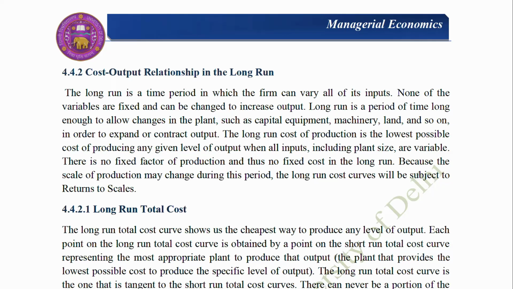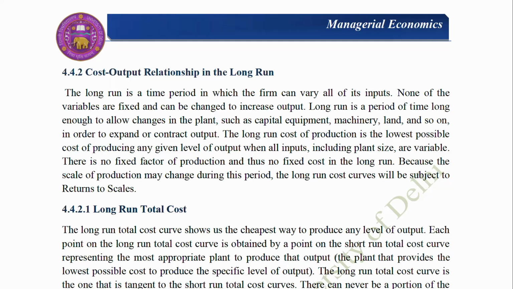4.4.2 Cost output relationship in the long run. The long run is a time period in which the firm can vary all of its inputs. None of the variables are fixed and can be changed to increase output. Long run is a period of time long enough to allow changes in the plant, such as capital equipment, machinery, land, and so on, in order to expand or contract output.